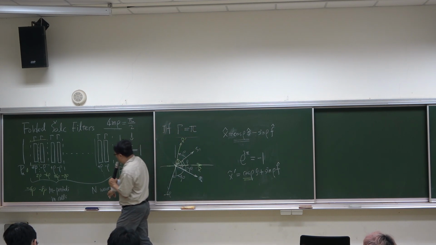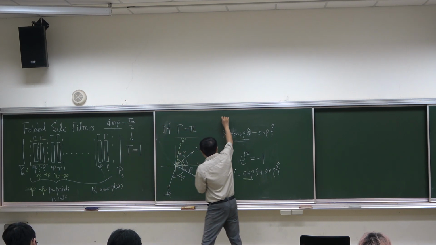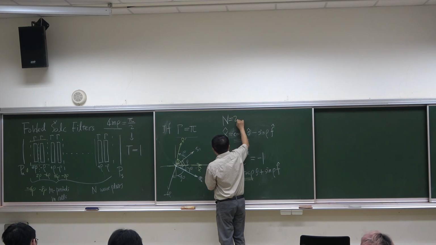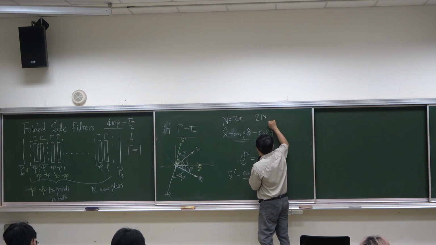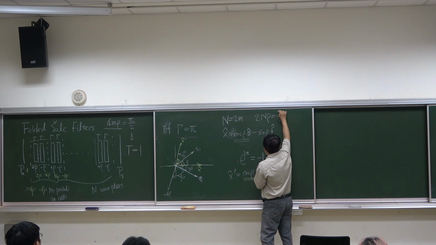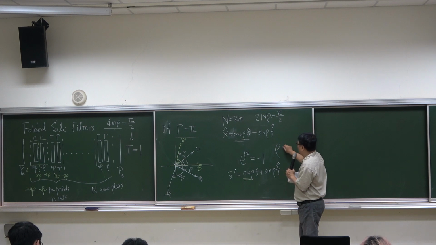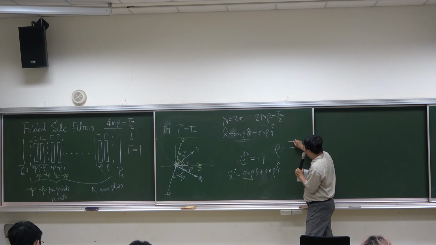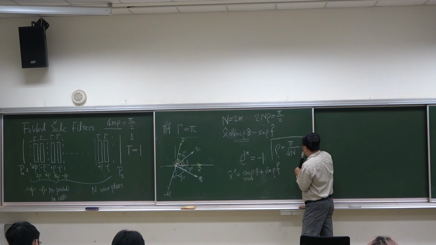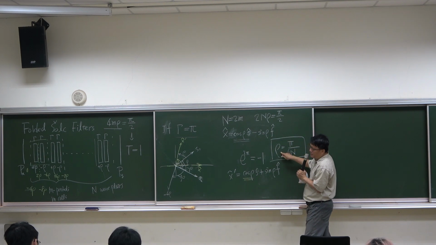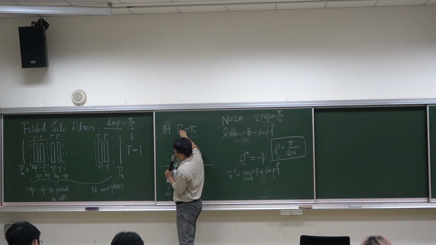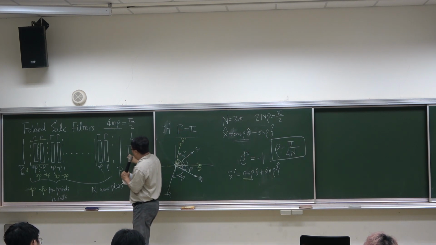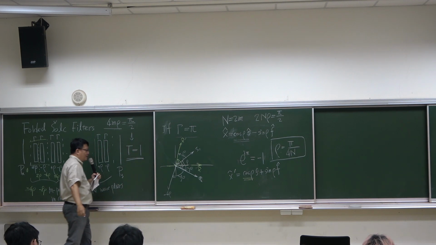Since 2m is equal to n, n is equal to 2m. So this means that 2n rho is equal to half pi, or rho is equal to pi over 4n. So if rho is equal to pi over 4n and gamma is equal to pi, then we get transmittance equal to 1.